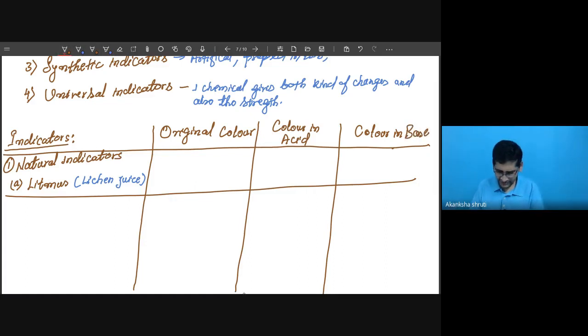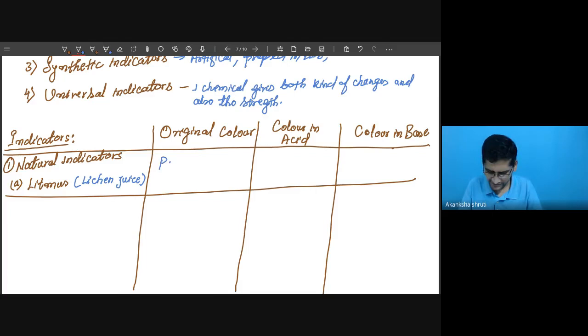Students, if you take the litmus, this litmus has a purple color, meaning the litmus juice, basically the juice of this lichen plant. So its original color is purple.